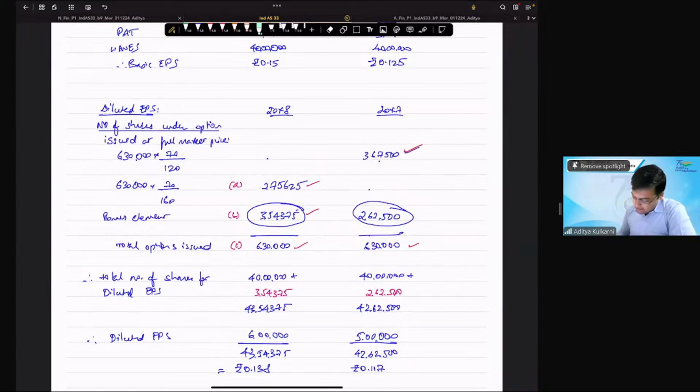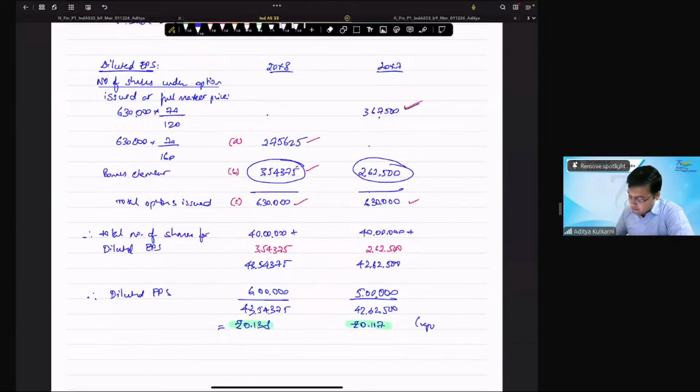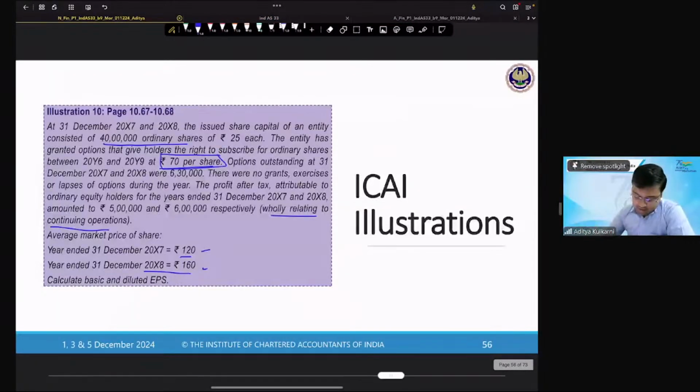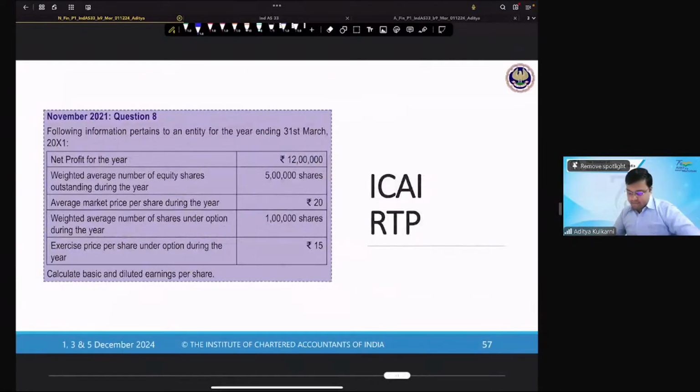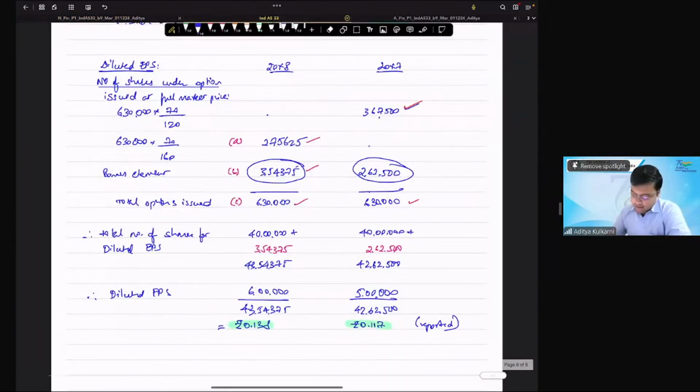Compare it with the basic 0.138, 0.15, 0.117, 0.125. Is there a dilution? Yes, in both cases there is a dilution. So therefore, these will be your reported numbers, the reported diluted EPS. So that takes care of illustration 10. Okay, fine.